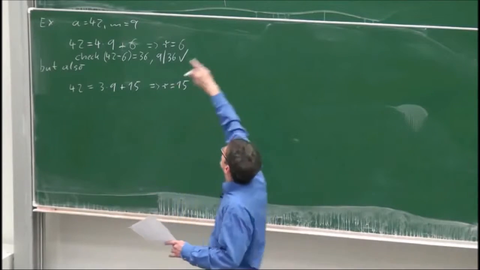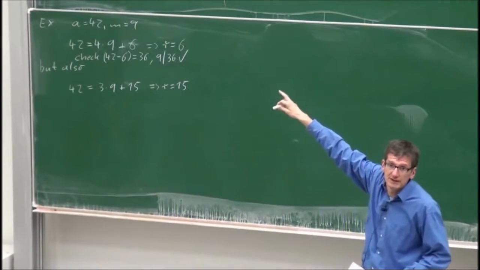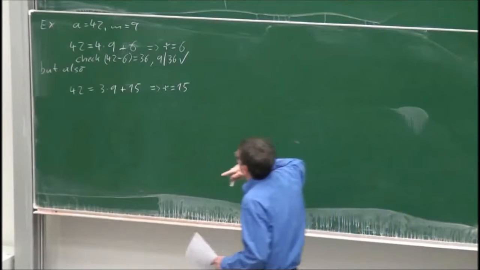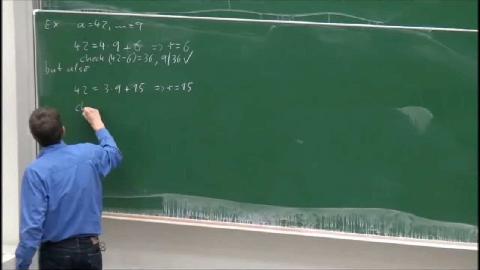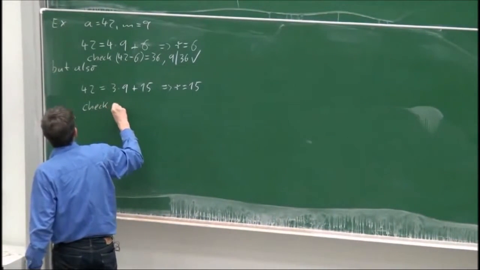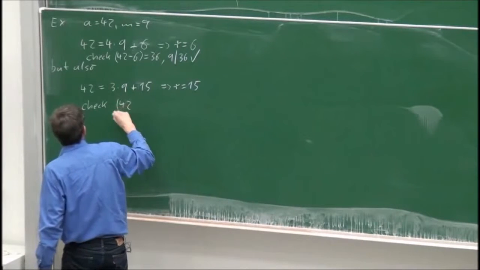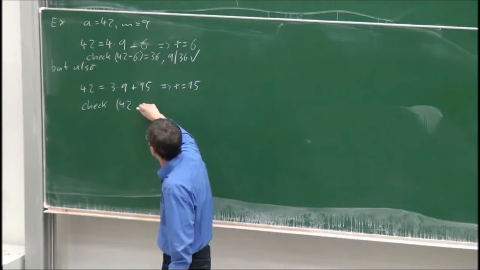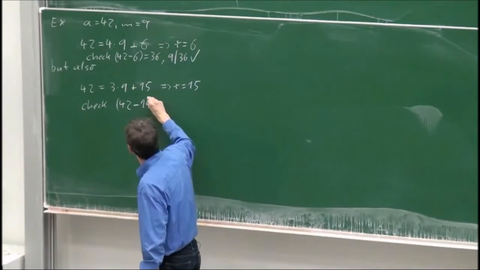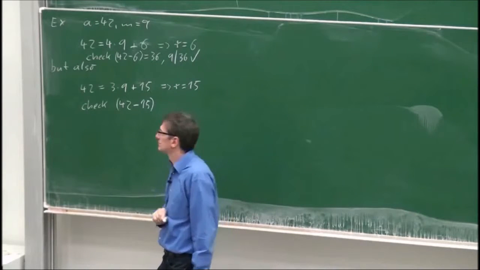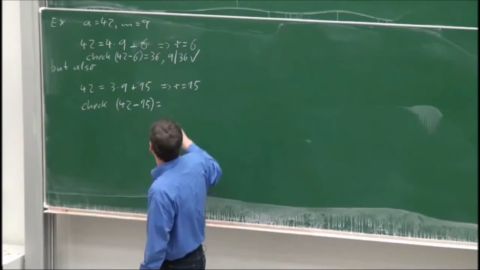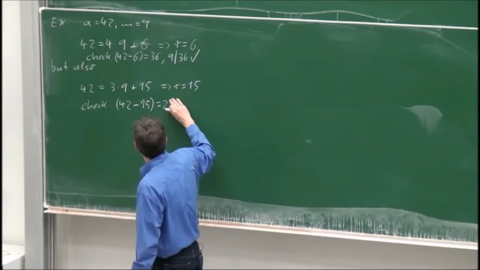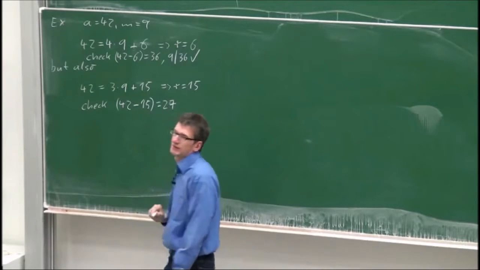So now we're going to look into the red box and look whether the definition holds. The check here is, again, we take 42, we subtract 15, which is 27, right?